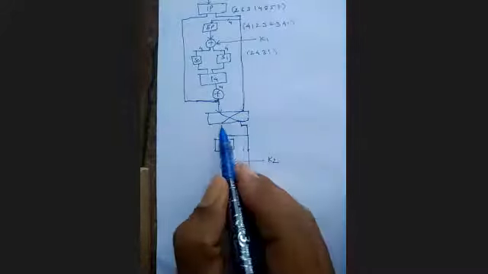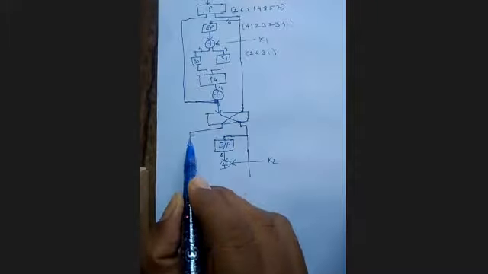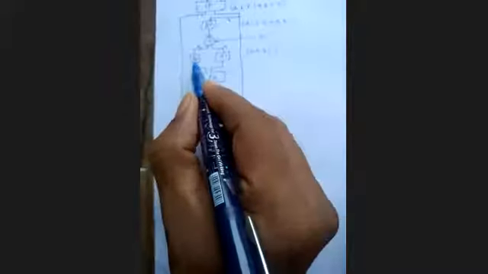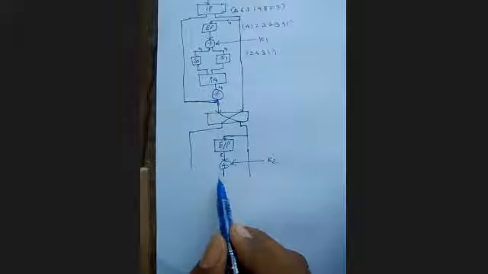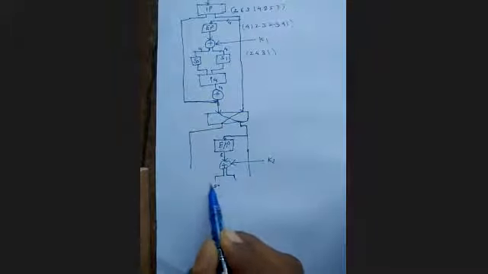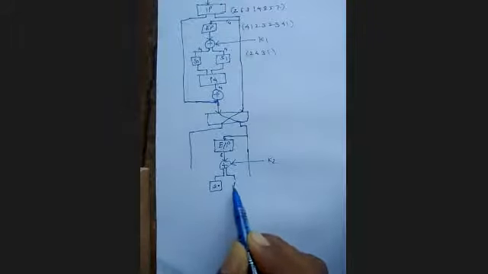Got it? You add K2. Now whatever output comes after swapping, go over here. Here you again apply S0 and S1, the same as before. This S0, S1 you have to apply.